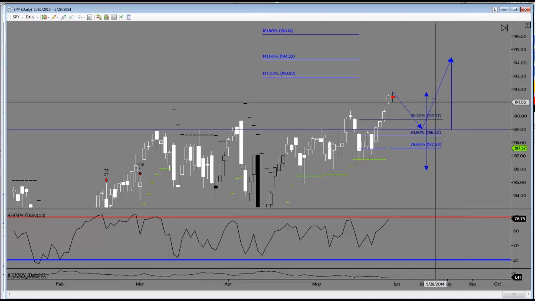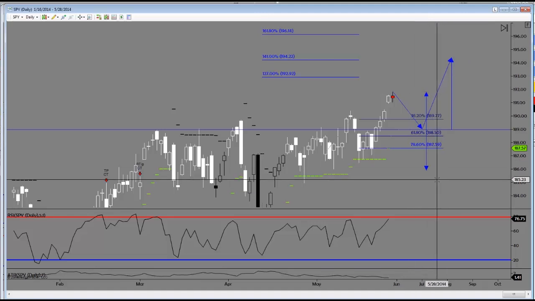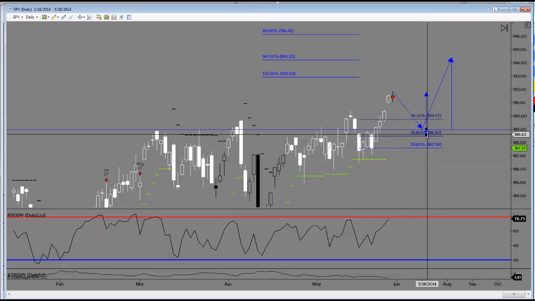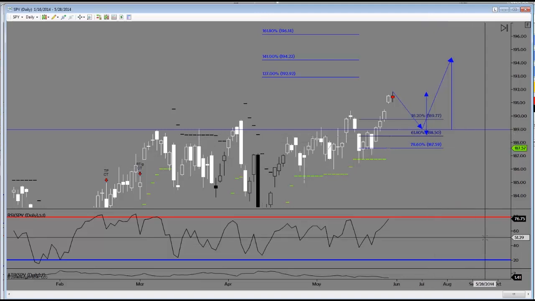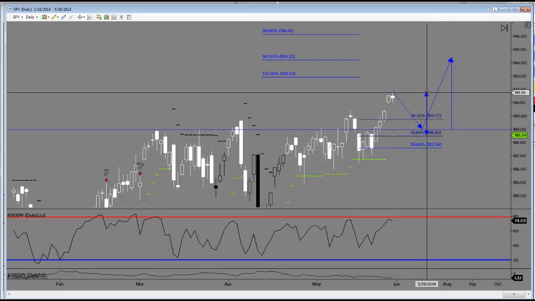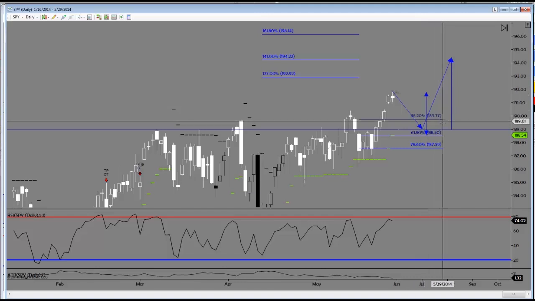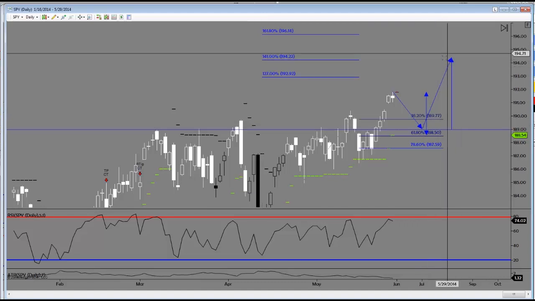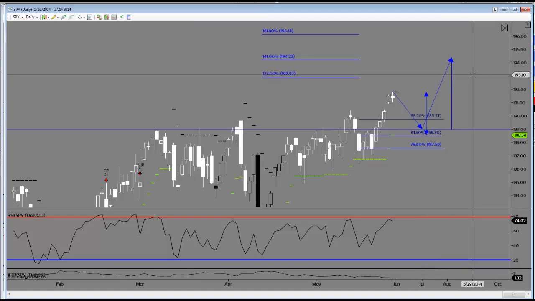But on the second half, if target 1 is hit on a retest, then my risk is reduced because the protective stop comes up to at or near my entry point. So if target 1 is hit, and I can get that with a high degree of accuracy, 65, 75, 80%, then I'm able to participate in the balance of the position free of charge.